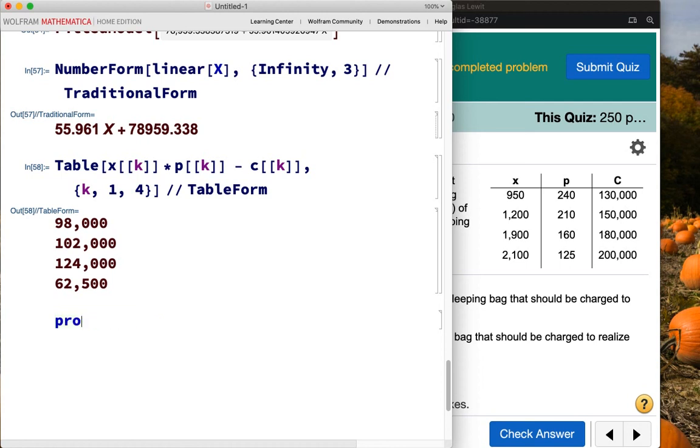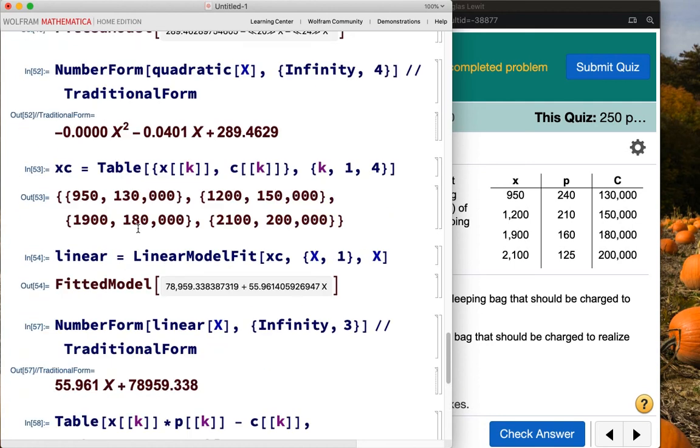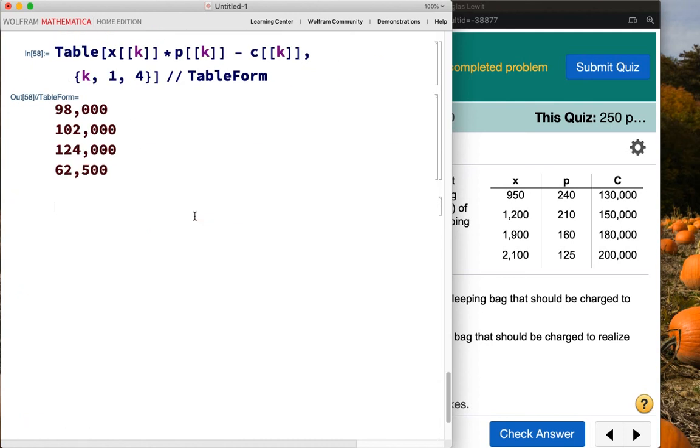So my revenue function for this particular problem is going to be x times quadratic of x. The reason I say quadratic of x is because that gives me this particular function right over here.